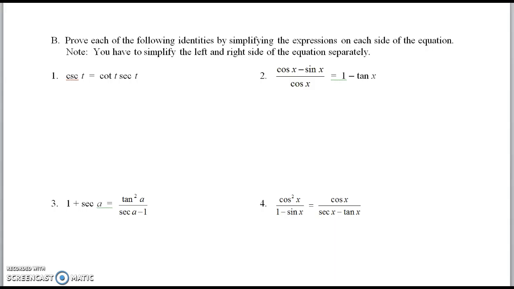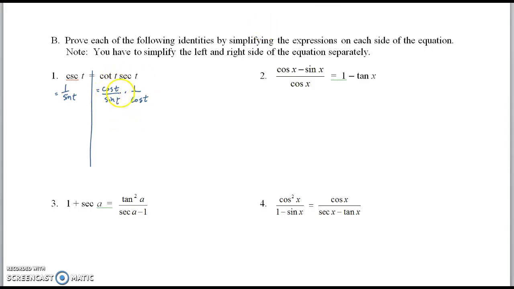We have to prove the following identities, and hopefully we work on either side and try and simplify them until they match. So let's start off with the first one. You split it down the middle, rewrite the left side using just the basic definition of cosecant, and then the right side you replace them both in terms of cos and sine, and we're going to have to simplify this expression.